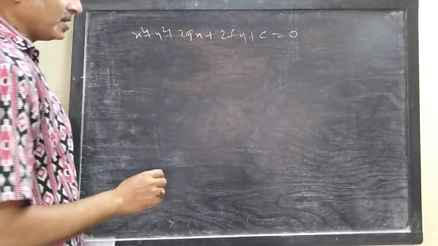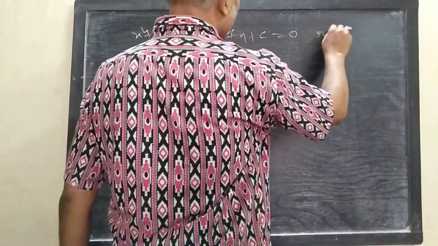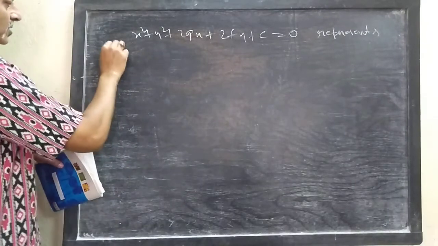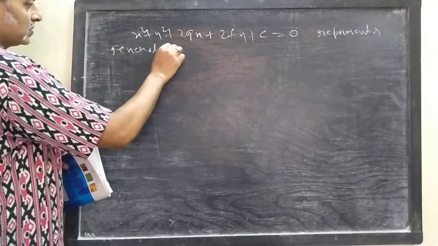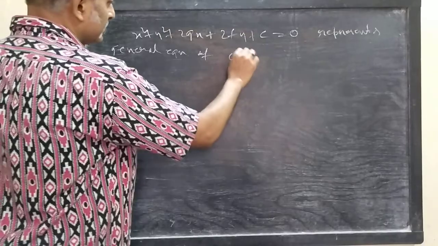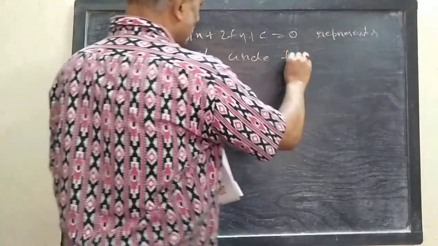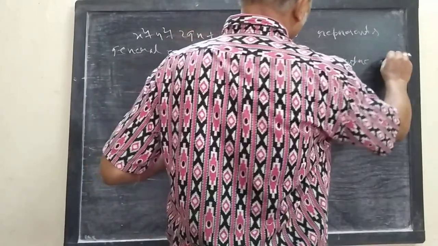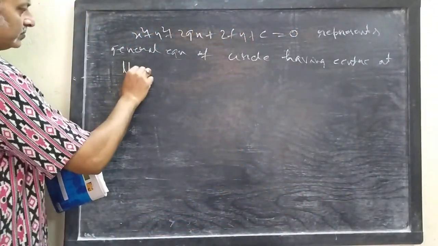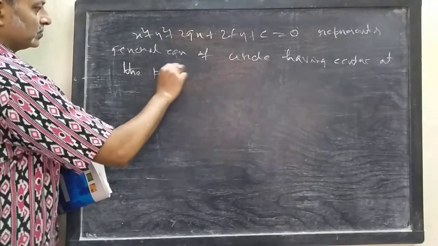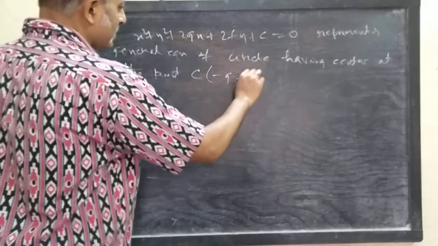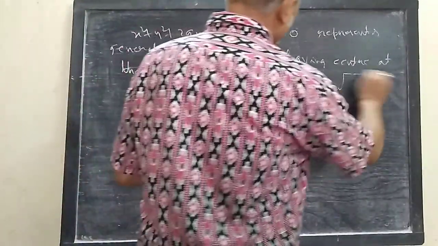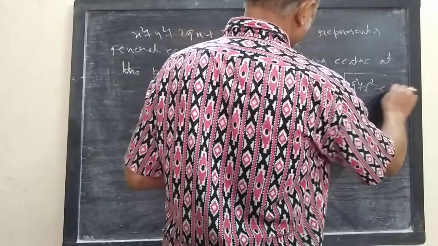Here g, f, c are parameters, represents general equation of circle having center at the point C(minus g, minus f) and radius root of g square plus f square minus c units.